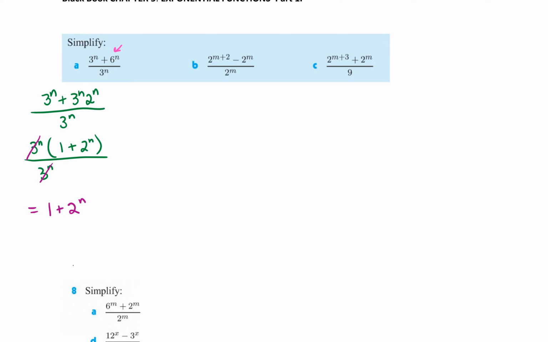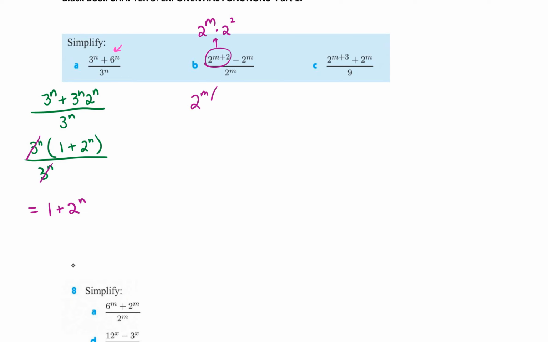All right, let's look at example B. In example B, we have 2 to the m plus 2, so we can use our exponent rules to rewrite that as 2 to the m times 2 squared. So if this first term is written like that, then in our numerator, we have a GCF of 2 to the m.